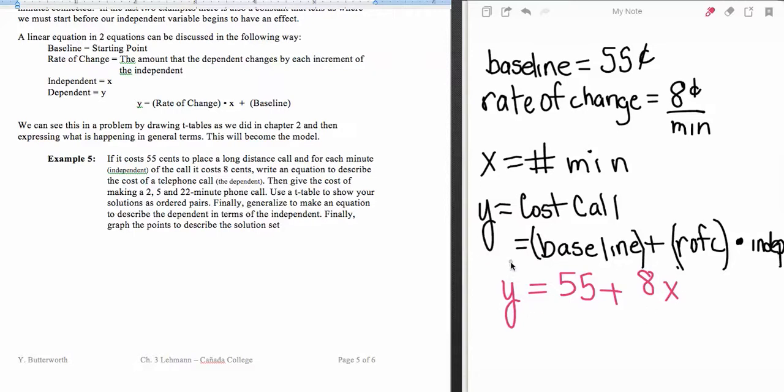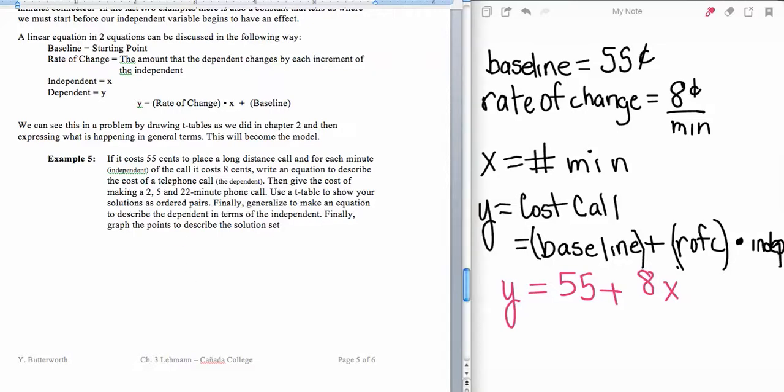From that linear model, we're going to answer the rest of the questions. We're going to give the cost of making a 2, a 5, and a 22-minute phone call. So y is equal to 55 plus 8x.